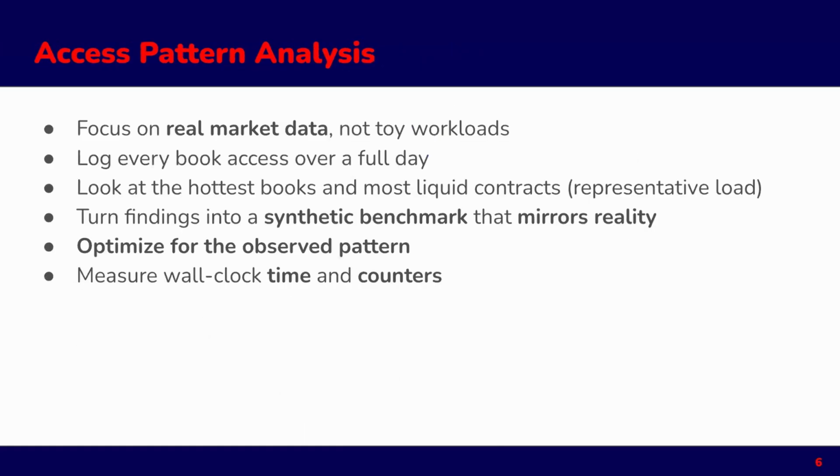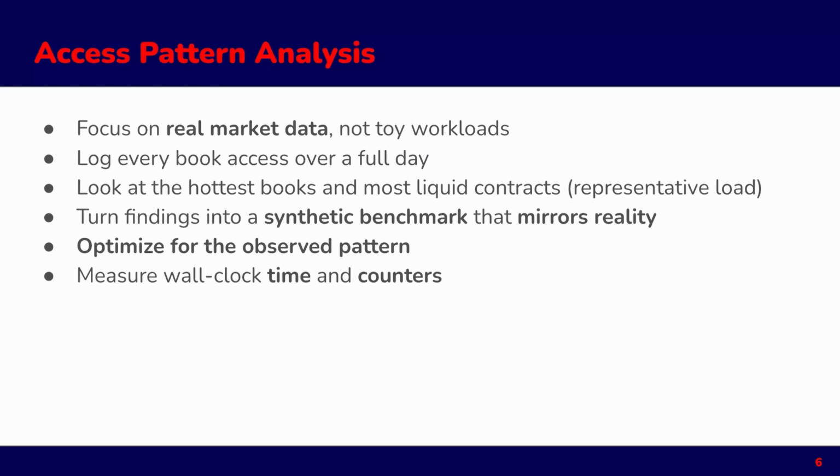All right. So before we jump into choosing a structure, we need to measure how the order book is actually used in real trading. So instead of guessing, I tried to log every book access over a full trading day of some rather small product we trade.